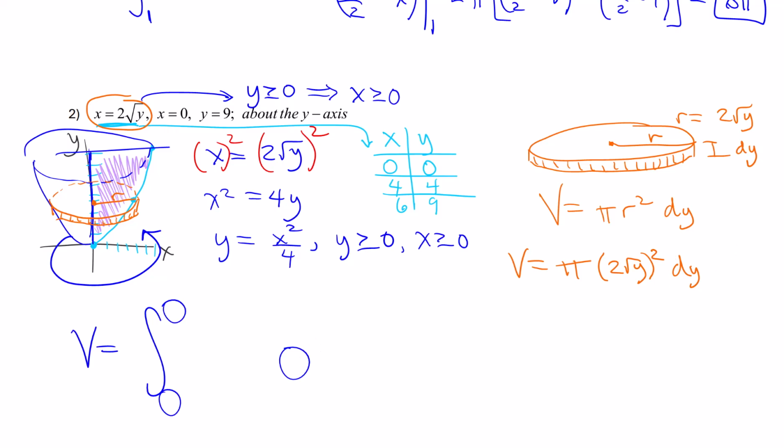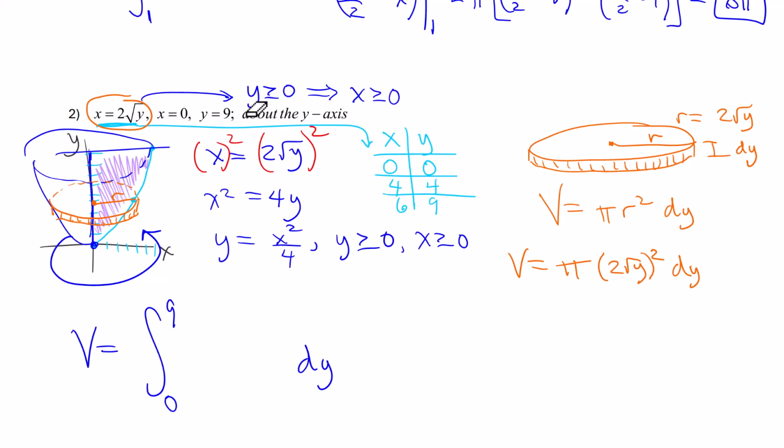Since we know this integral is going to have a dy, we know that those bounds of integration are going to be y values. Well, the lowest that this figure goes is where y is 0. That's at the point 0, 0. The highest it goes is at the boundary y equals 9, which is like the roof where we cut off this object, and that was given as the boundary.